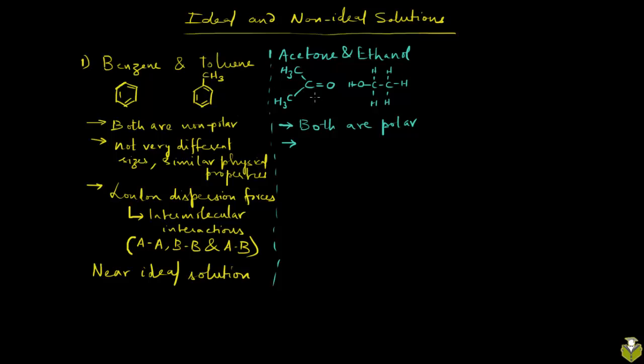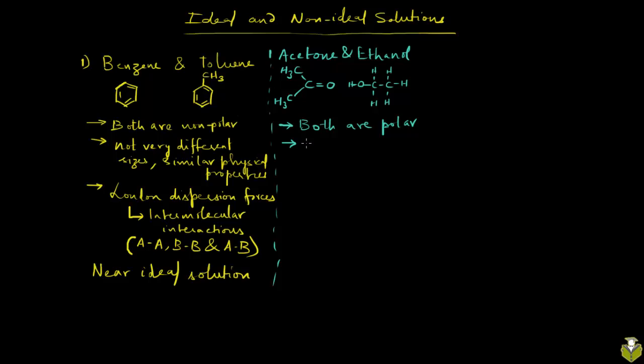In case of acetone, since it's a polar molecule, the attractive forces between acetone molecules will basically involve dipole-dipole interactions, and that's how those molecules are held together. The acetone molecules do not have hydrogen bonding between themselves, but they do have these dipole-dipole interactions.